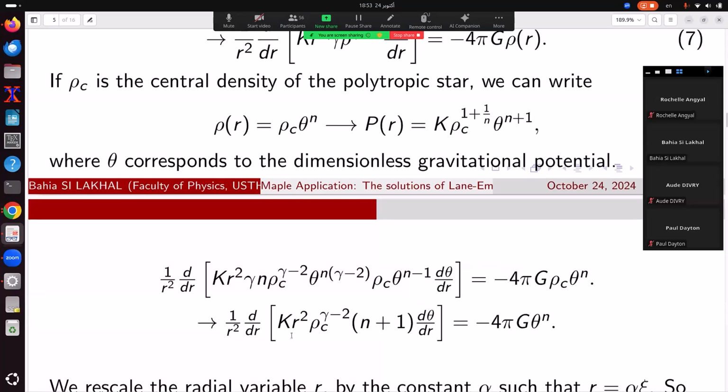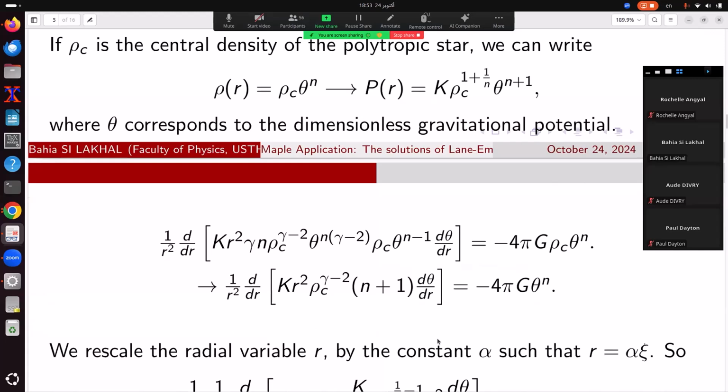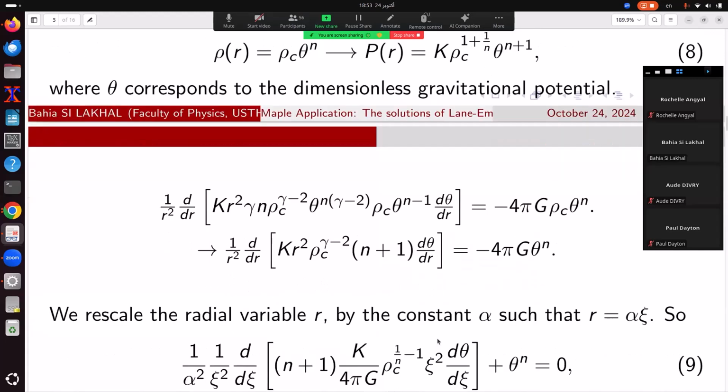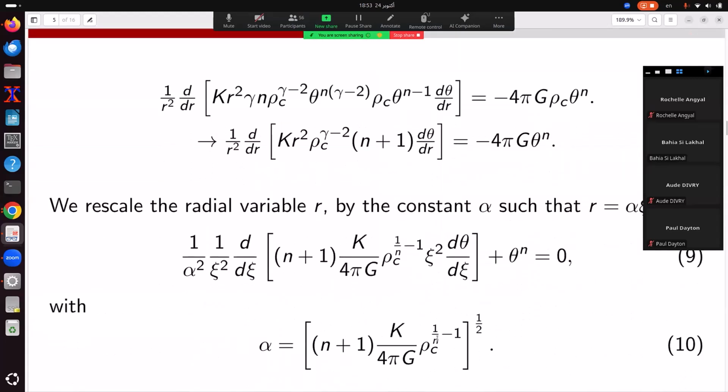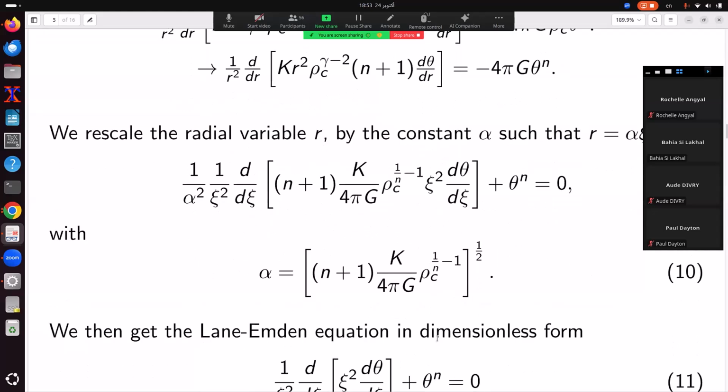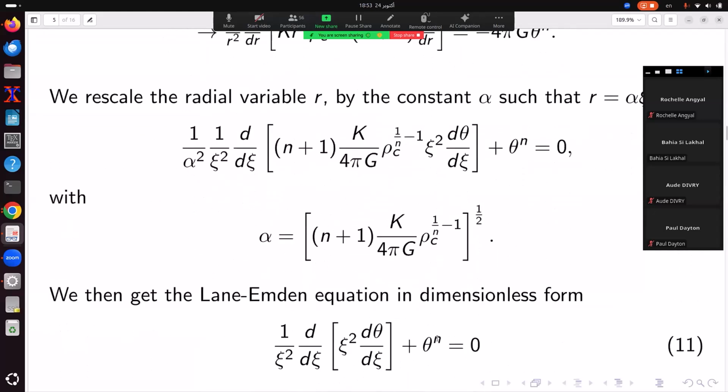Now this equation is dimensionless with respect to theta, but we have to rescale the radial variable r by the constant alpha, and we get the Lane-Emden equation in dimensionless form. We see that this is a non-linear second order differential equation, which depends on the polytropic index n.